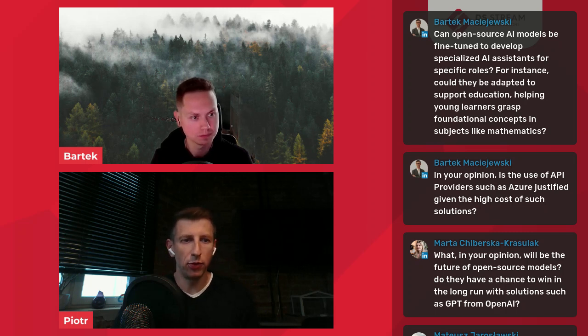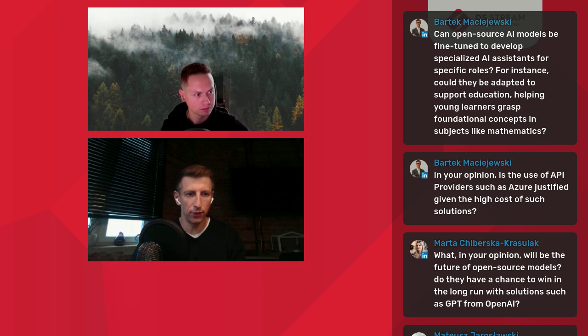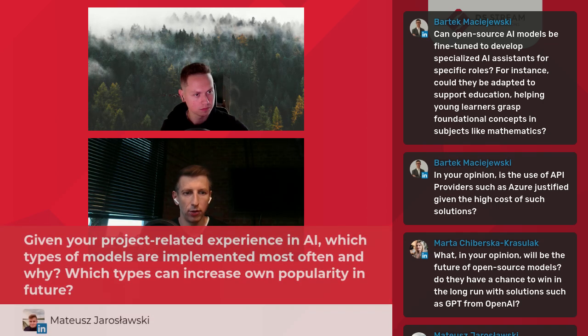So, Bartek, maybe moving on to the second question. Given the project-related experience in AI, which types of models are implemented most often and why? Which type can increase its popularity in the future? Personally, I see a trend that people in IT projects are sticking with proprietary models, just because those models are easier to maintain and easier to integrate with existing IT projects.